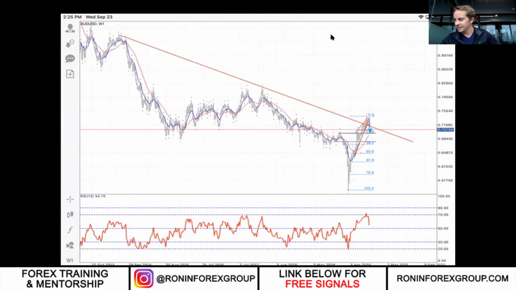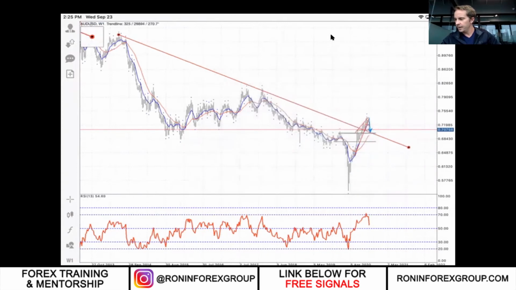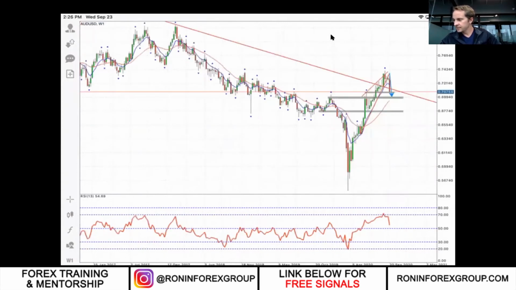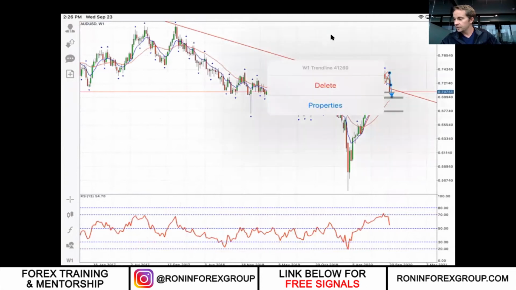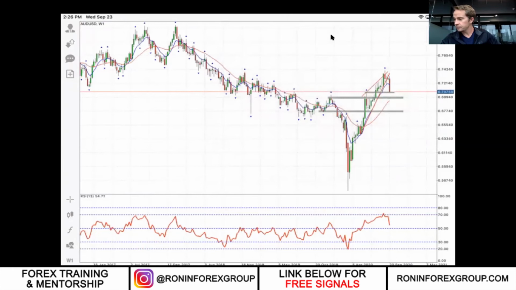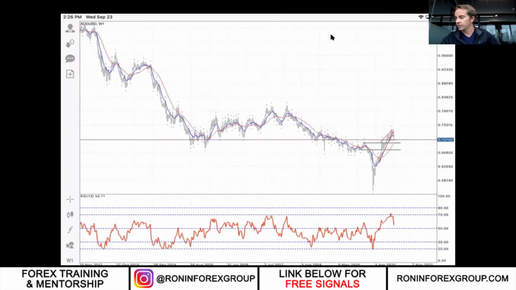So thanks for asking. Now, one of my big strategies is looking for false breakouts, false breakdowns in the market to pinpoint reversals. I'm not going to go into too much detail. Maybe in the next week or two, I'll do a whole training on false breakouts, false breakdowns, and how to trade them.